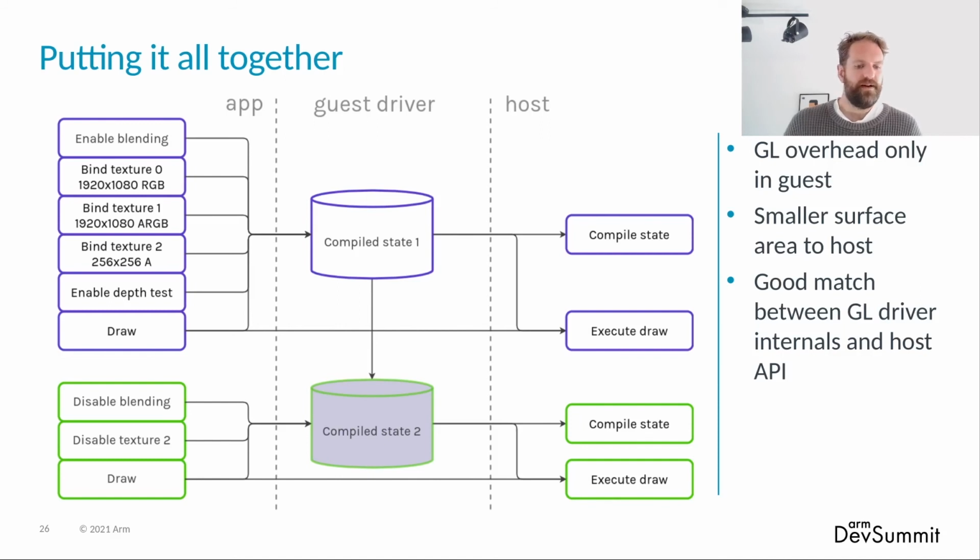And we just don't have these violent impedance mismatches where we're trying to pretend that things have very different performance properties, or we compile this nice known state and we have to explode it back later on in the host to a million different calls.